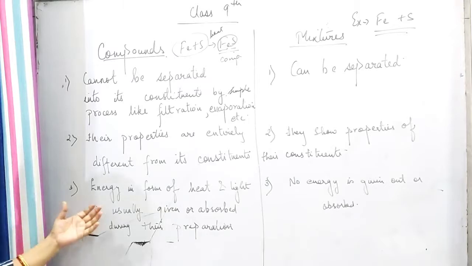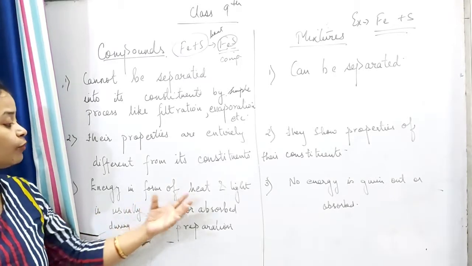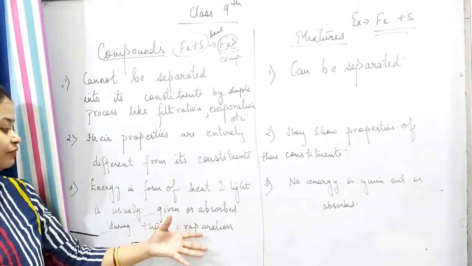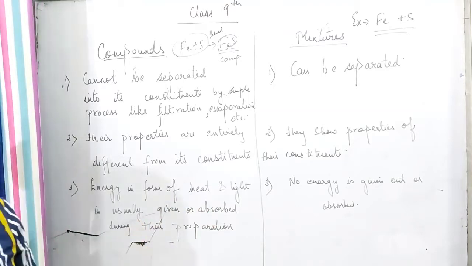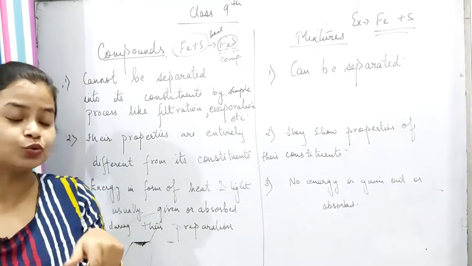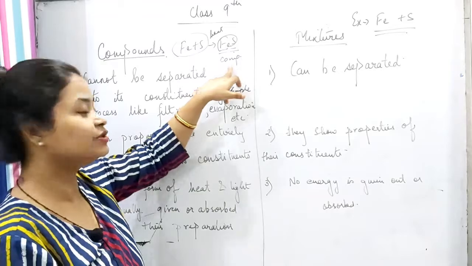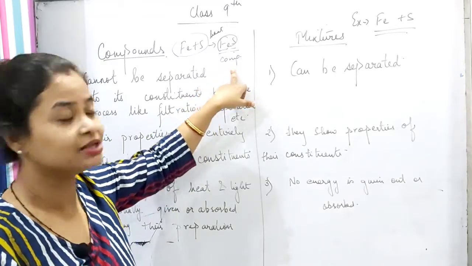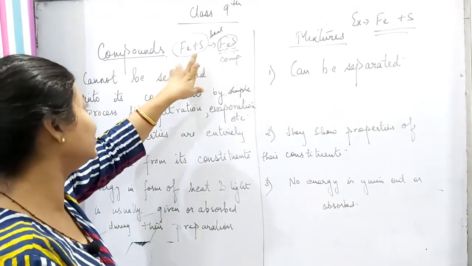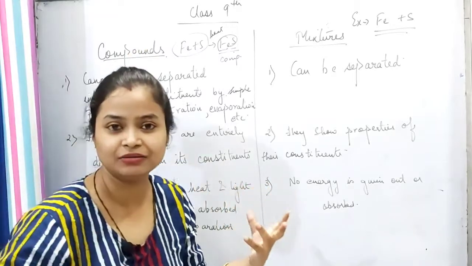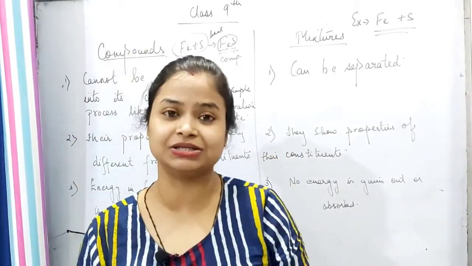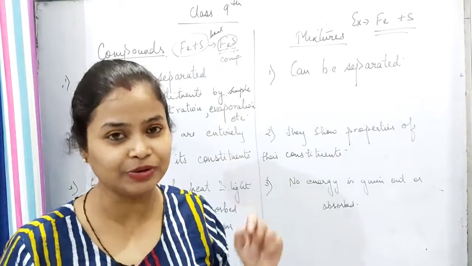Now, the third one is energy in form of heat and light is usually given or absorbed during their preparation. As I told you just now, in case of this compound formation of FeS, what do we have to do? We have to heat. We have to take iron, we have to take sulfur and heat it. Then only this compound will be formed.